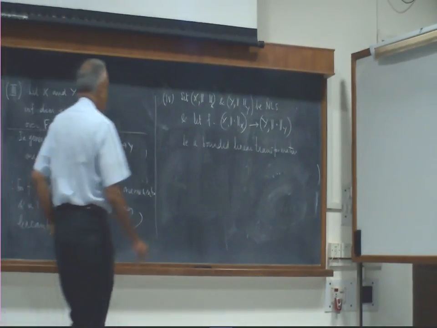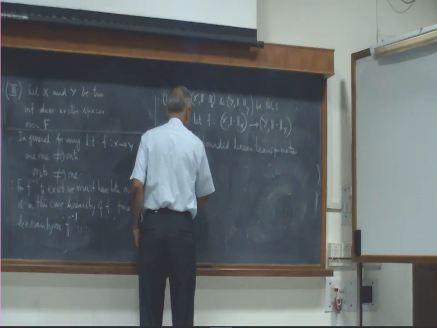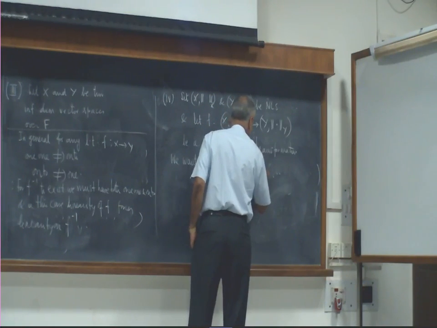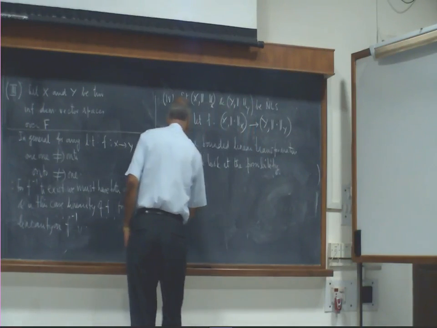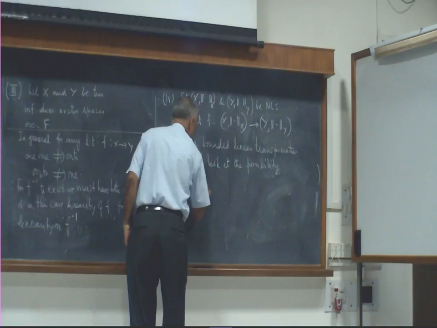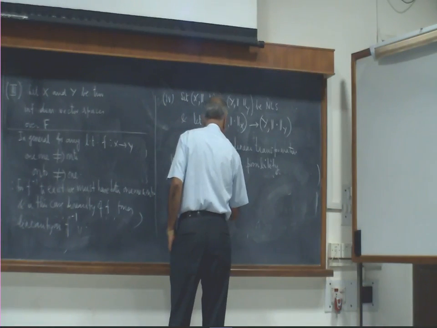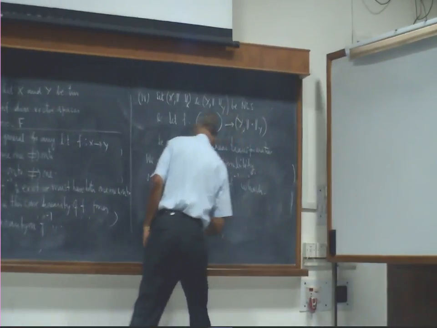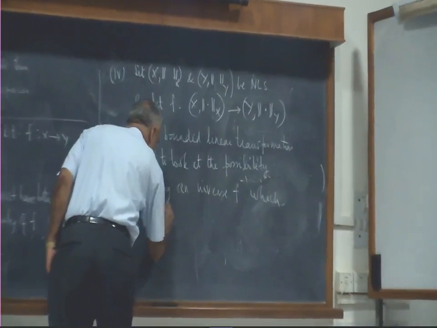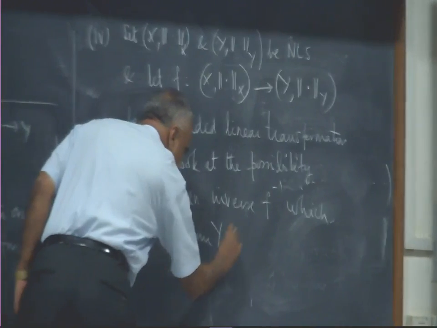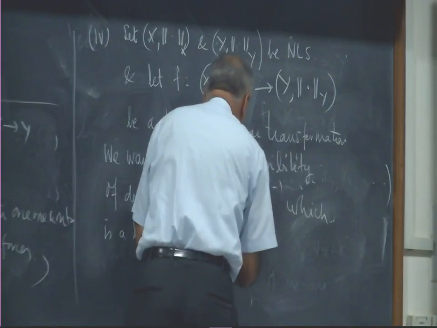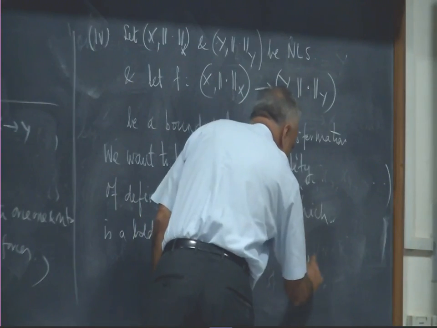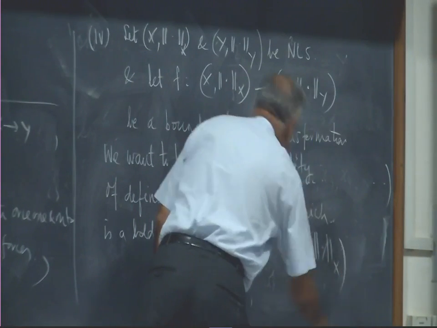So we want to look at the possibility of defining an inverse, F inverse, which is a bounded linear transformation from Y to X, or I should write the two normed linear spaces, from Y norm Y to X norm X. The inverse must go that side.